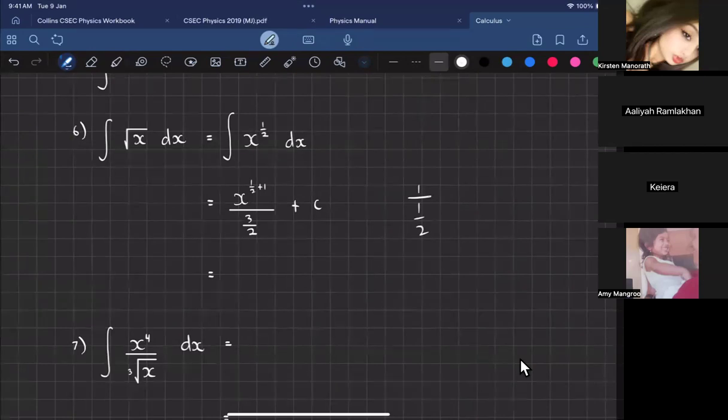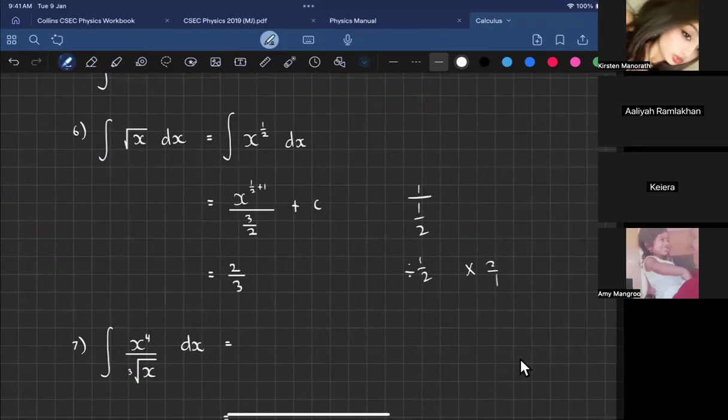Put it into your calculator. Here I'm saying 1 divided by a half, so let's multiply by 2. Over here, I'm saying divide by 3 over 2, which is the same thing as multiply by 2 over 3. So when you have a question like this, you're not going to leave it like that.